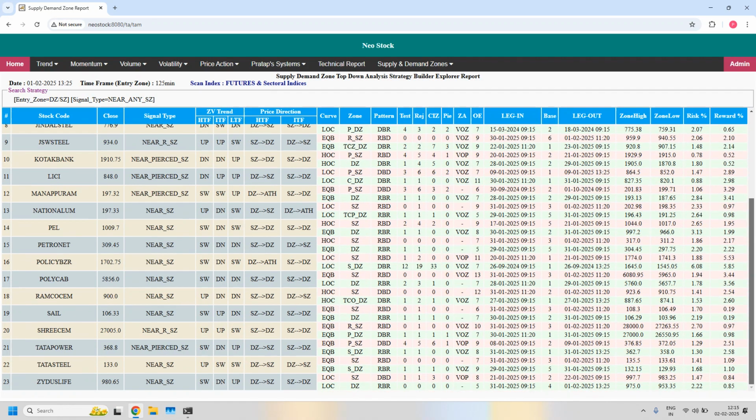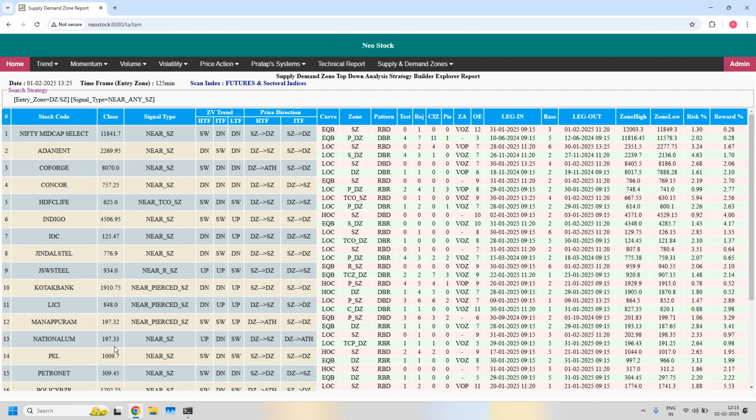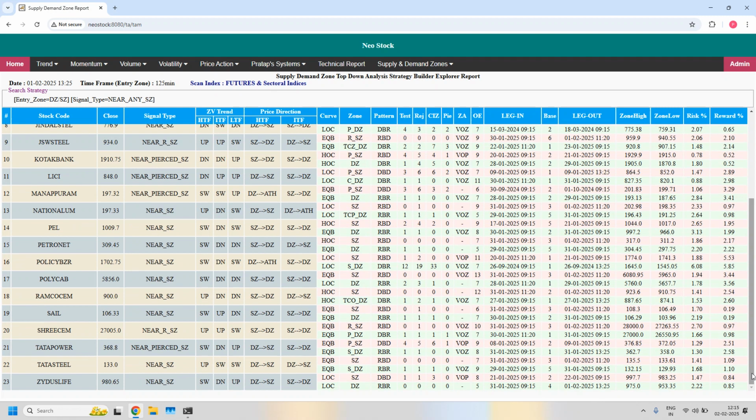We got 23 stocks. So first 15 stocks in the list. I'm scrolling the list down. So total 23 stocks are filtered, with price near the 125 minutes supply zone.